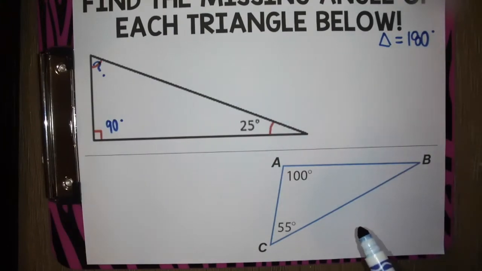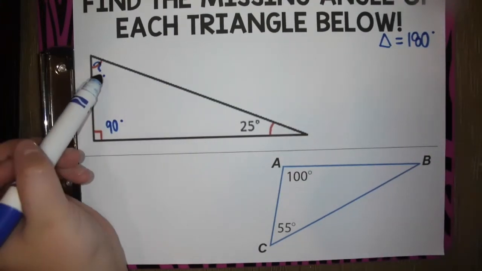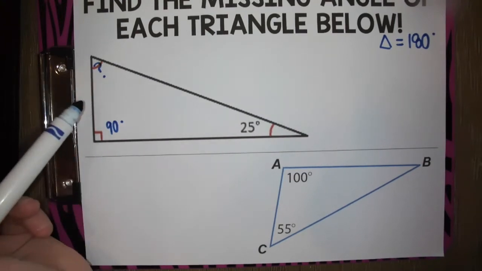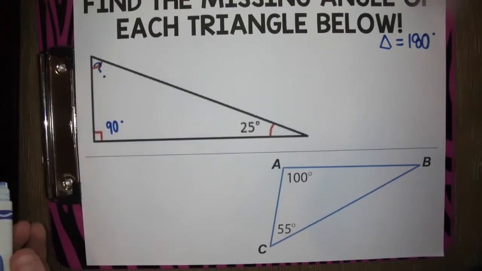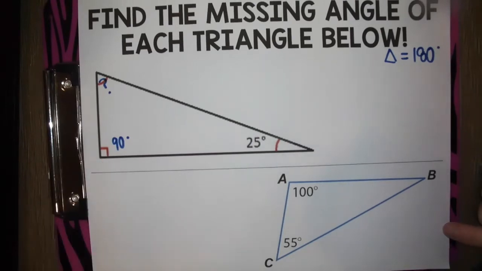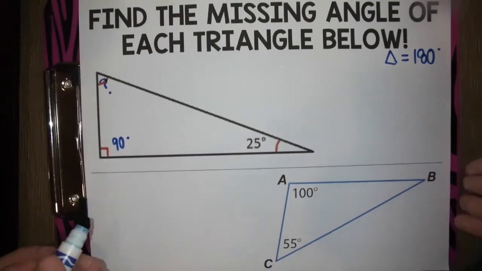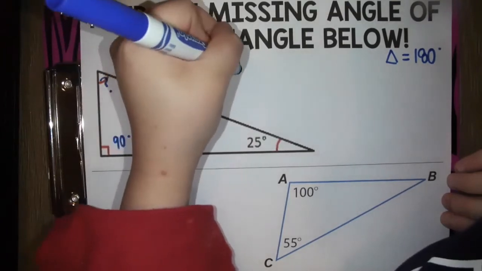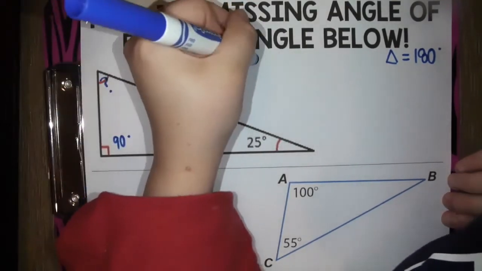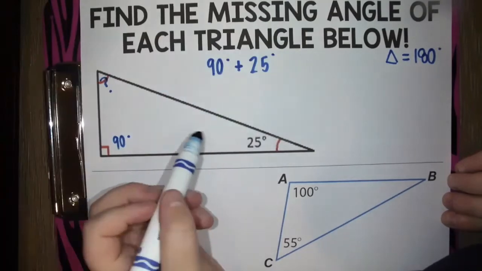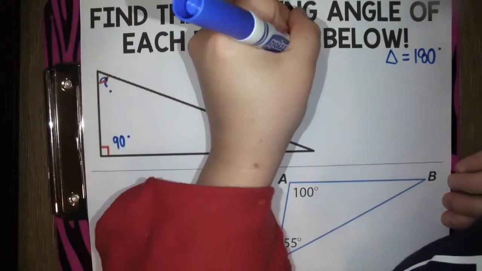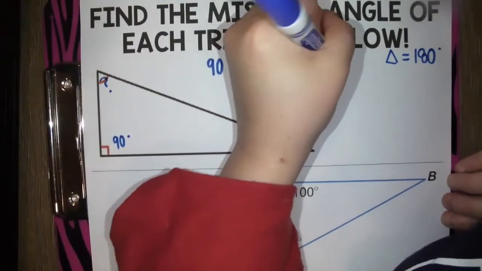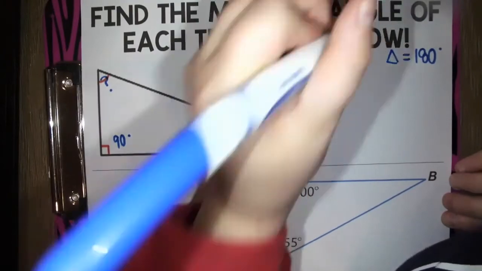Well, in order to find the measure of this missing angle, we're going to use what we know all of the angles are equal to. So I'm going to set up a little equation. I know that 90 degrees plus 25 degrees plus my mystery angle is going to equal 180 degrees.